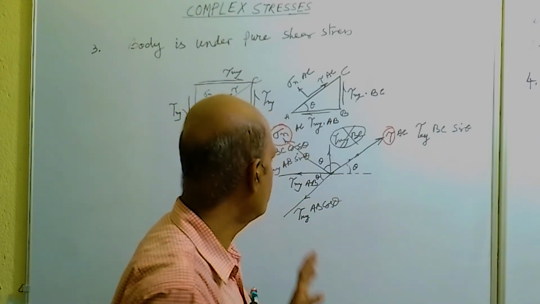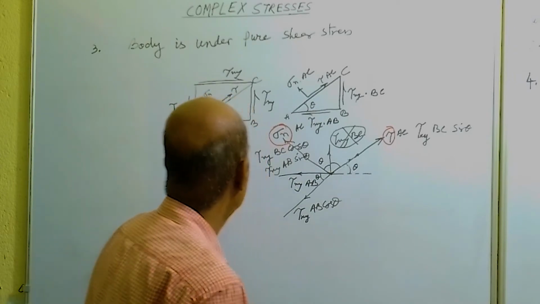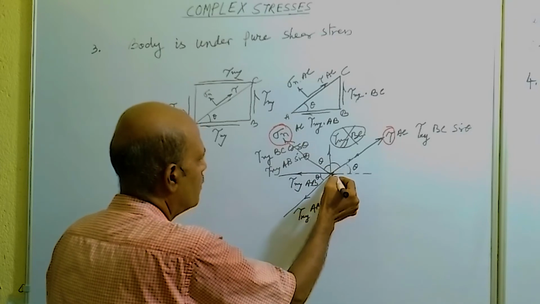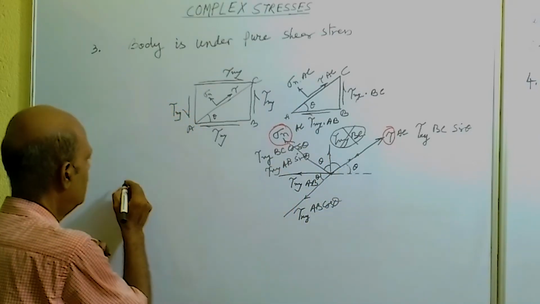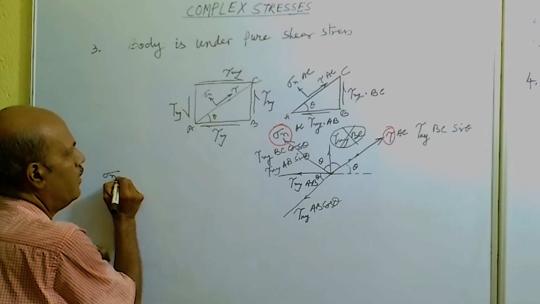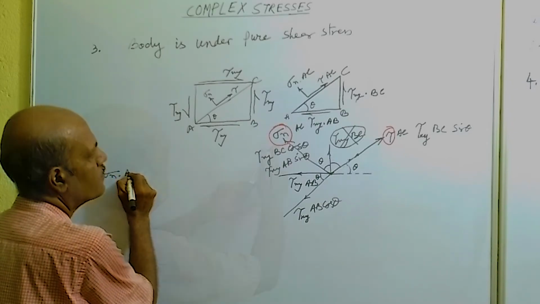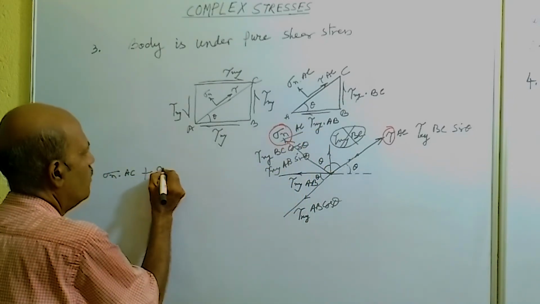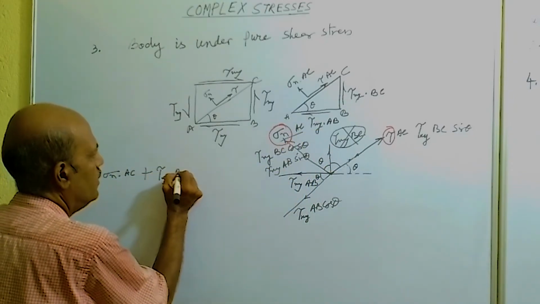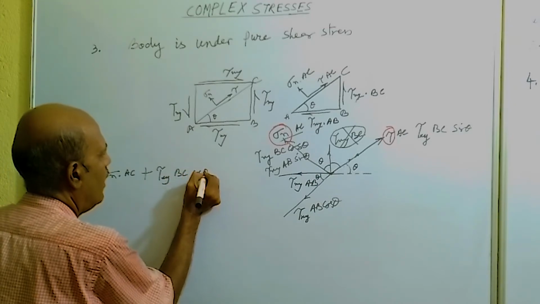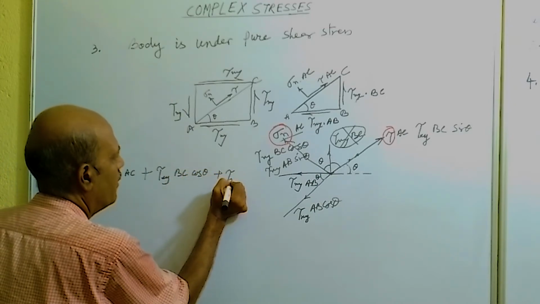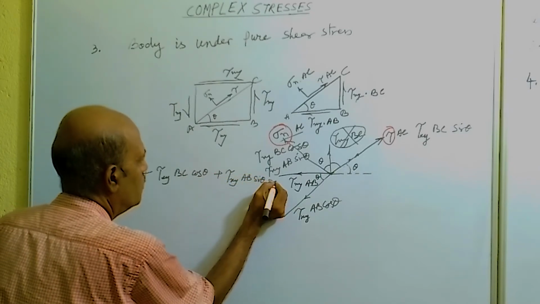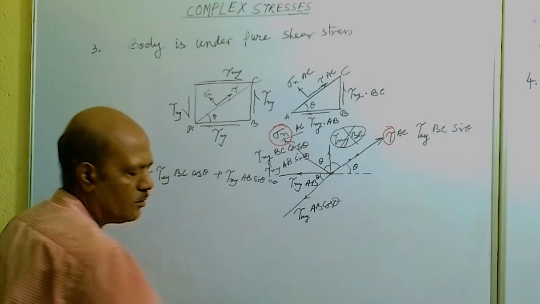So for equilibrium of the element, the sum of these forces will be 0. That is, we can write sigma n into AC plus tau xy bc cos theta plus tau xy ab sin theta is equal to 0, because in the other direction there is no force.